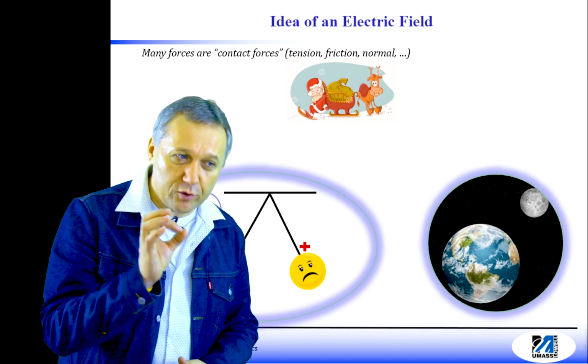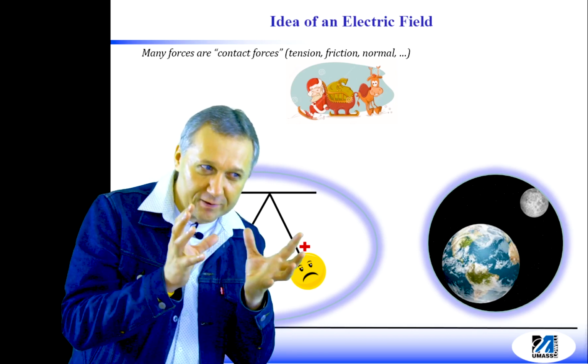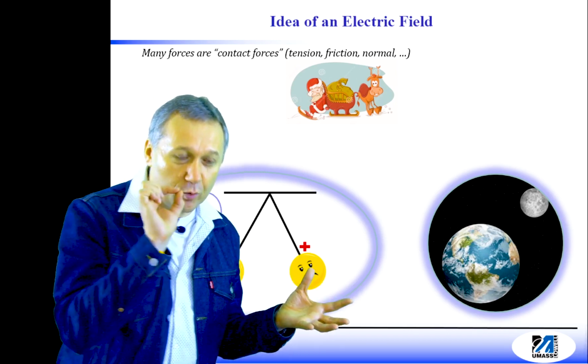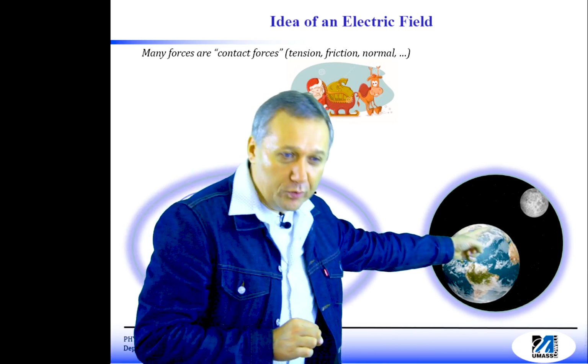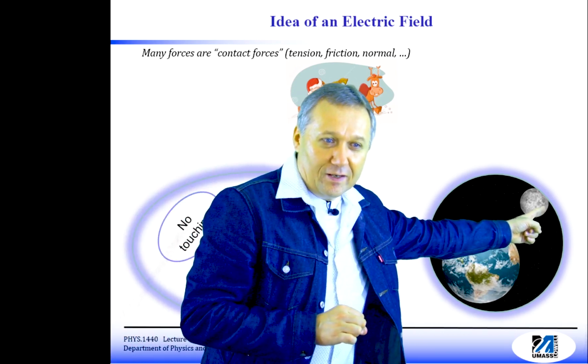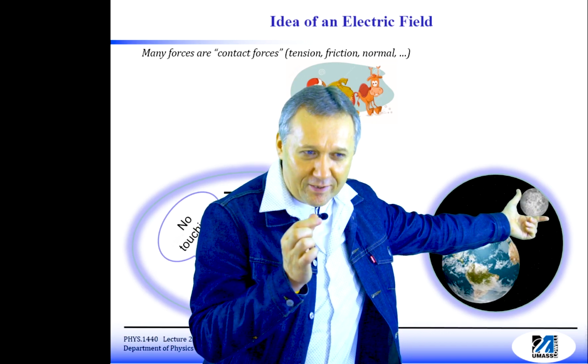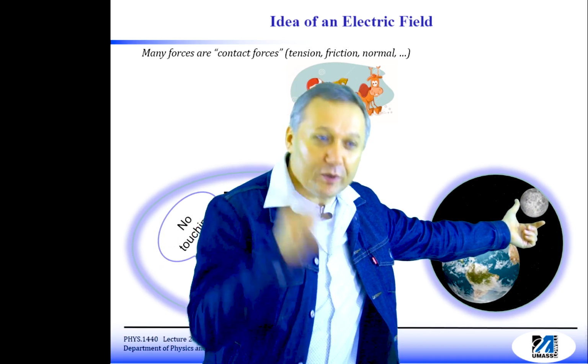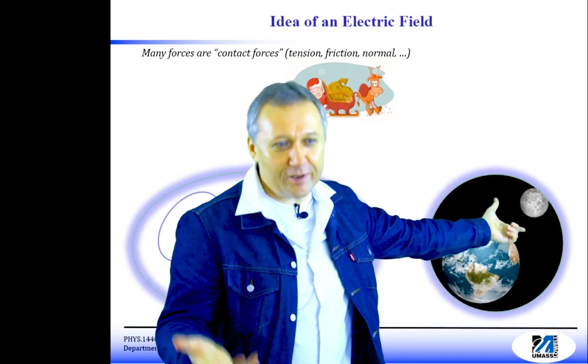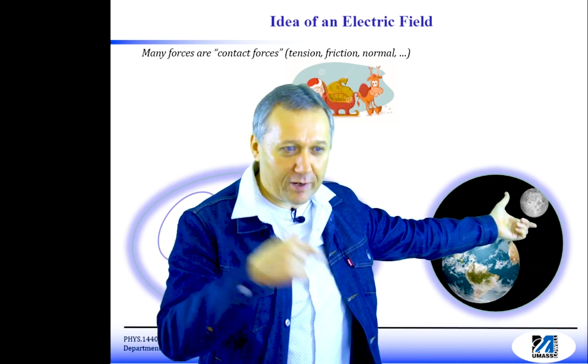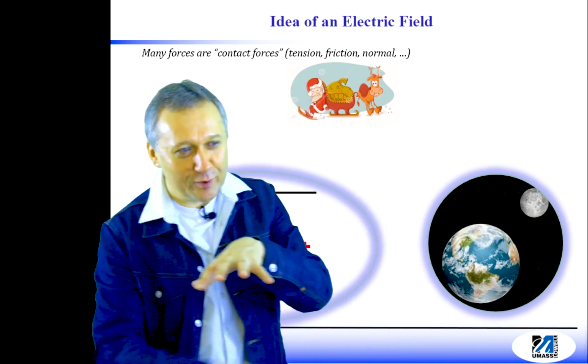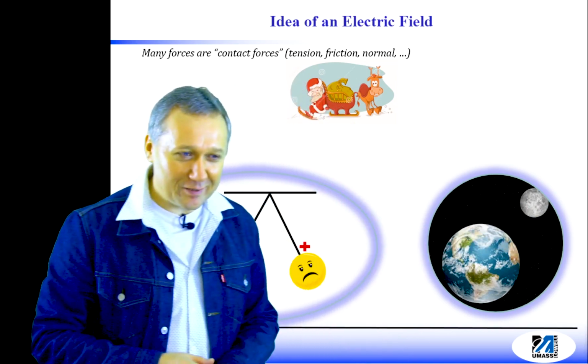Now, once you introduce this idea of the field, in this case the gravitational field, the Moon has a sort of direct contact with the field where the Moon is, and the field is created by the Earth. So now we have a direct contact, and we can avoid answering all those questions.